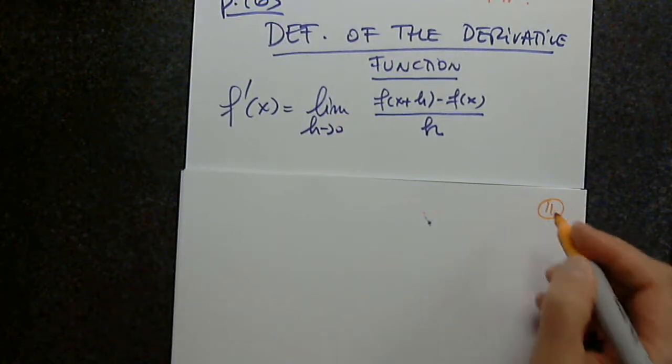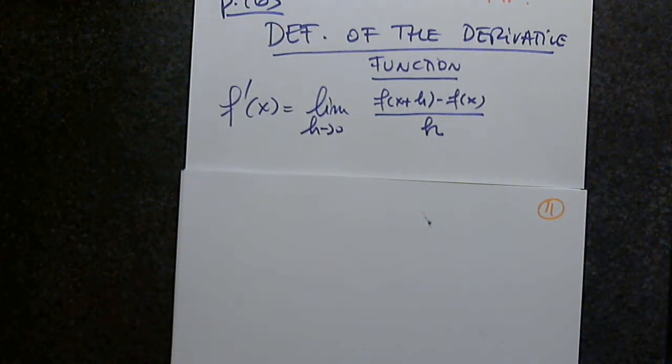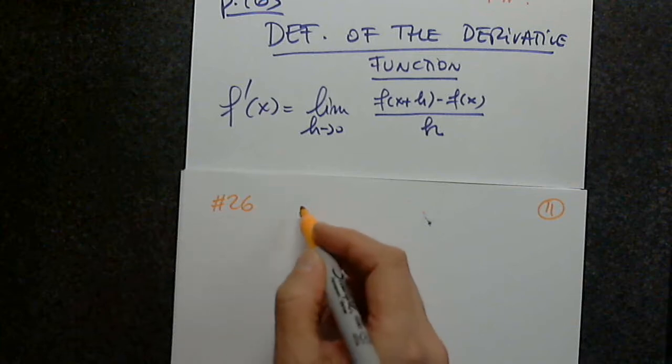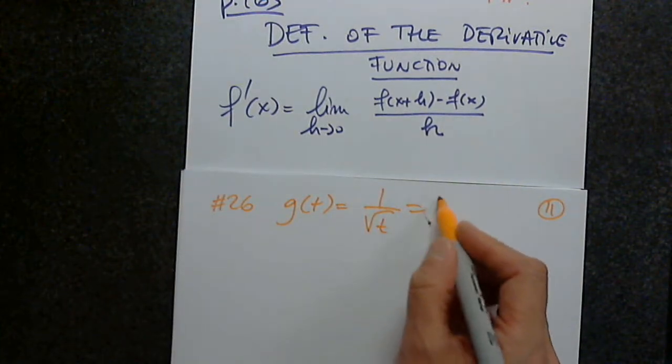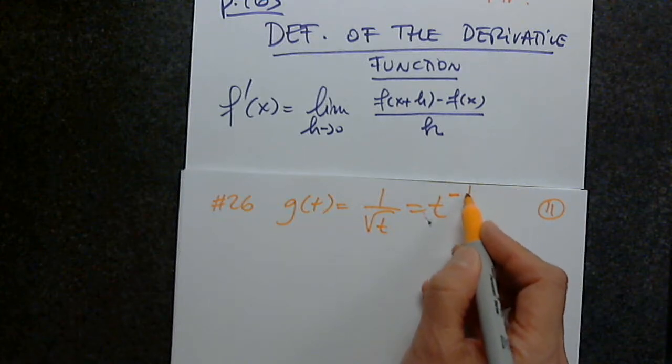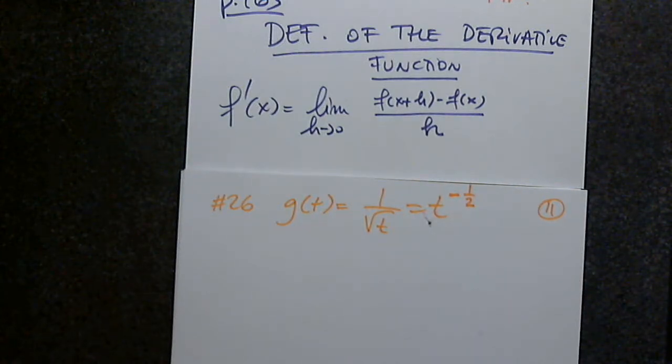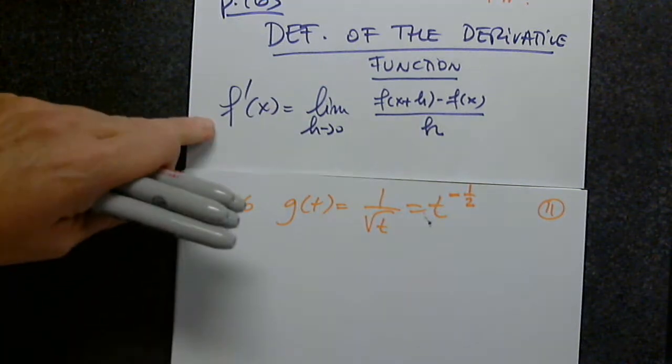So we said 26. And this is g of t equals 1 over the square root of t. And yes, immediately I'm going to change it into this. Just in case. We'll see. The problem is asking us to determine its derivative using the definition.